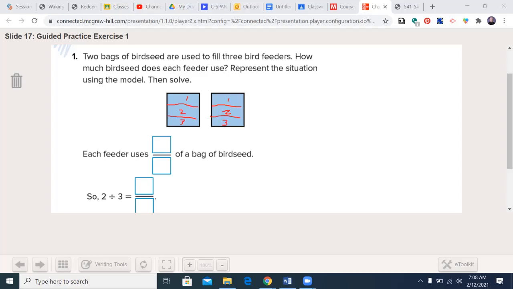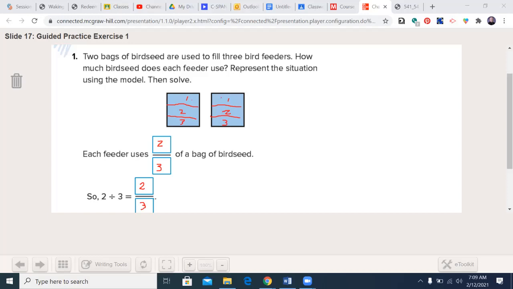So out of these portions here, how many does each one get? 1, 2. And how many portions are in each bag? 1, 2, 3. So 2 divided by 3 is 2/3. Go ahead and fill that in.